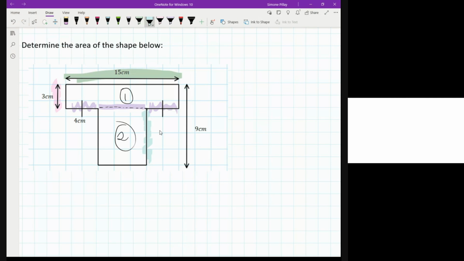Now, super important: when you have these composite shapes, you must differentiate between your calculations. So if I'm going to calculate the area of this top rectangle, I must label it as area of rectangle 1, area of rectangle 2. And only at the end I can say area of shape equals, because your teacher must be able to follow along with the calculations you're doing.